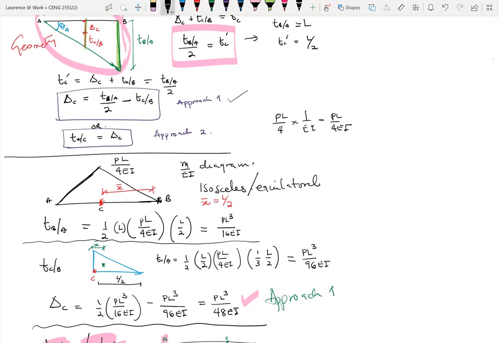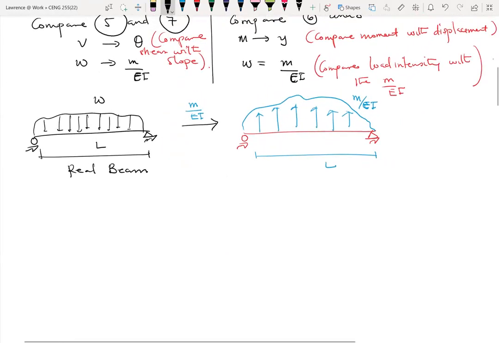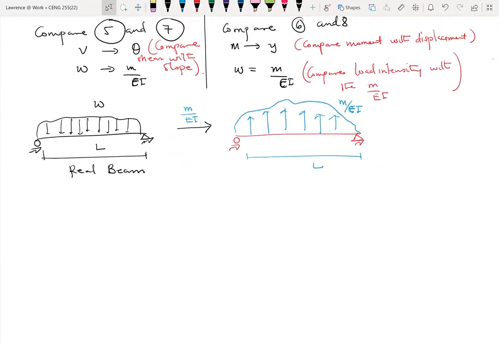In our case, we are looking at a more general approach where we have some general loading on the structure. So the load will give us the M over EI diagram.